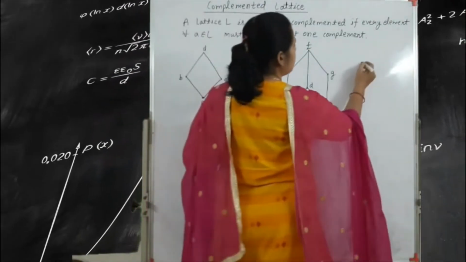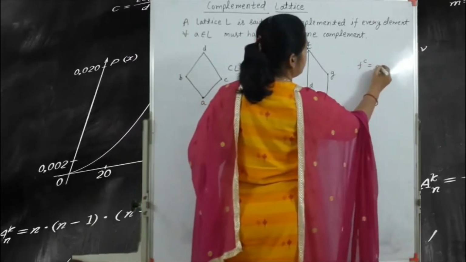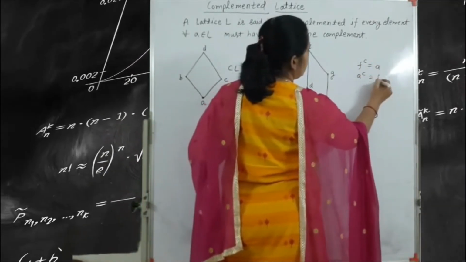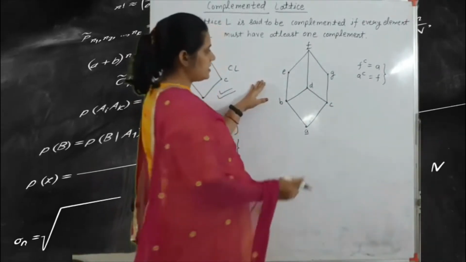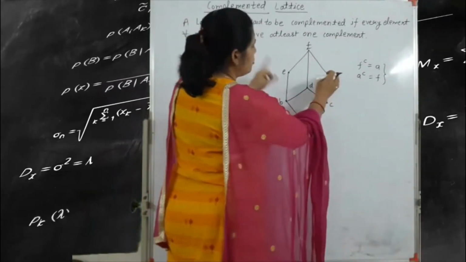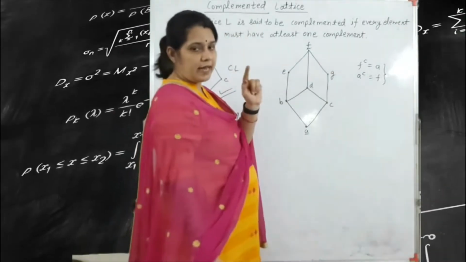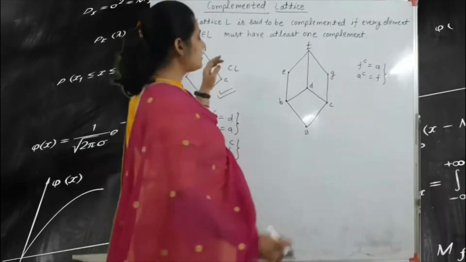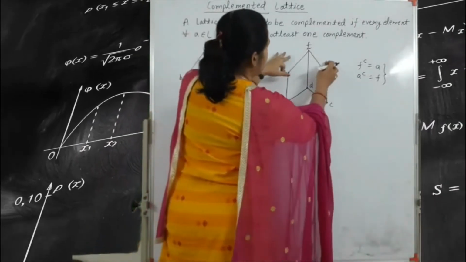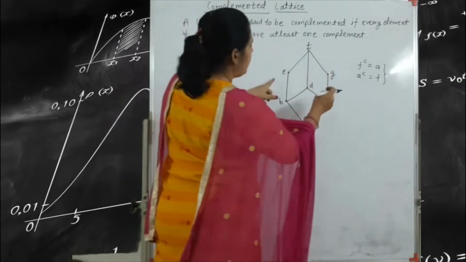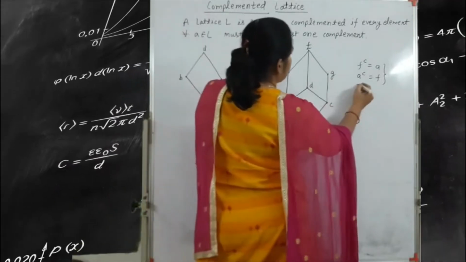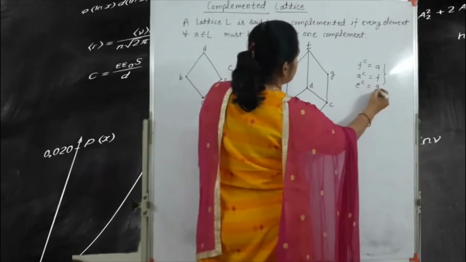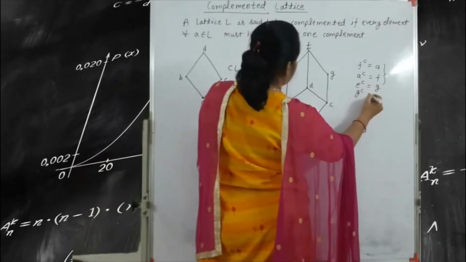So the complement of F is equal to A and the complement of A is equal to F. Next we consider E and G. Here the join is F and the meet is A, so E and G are complements of each other.